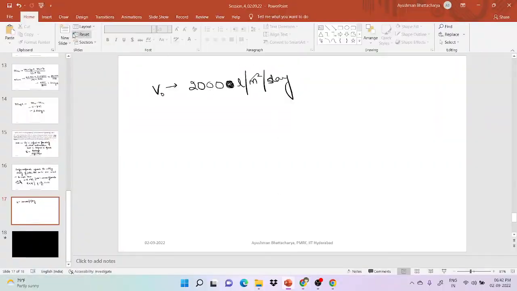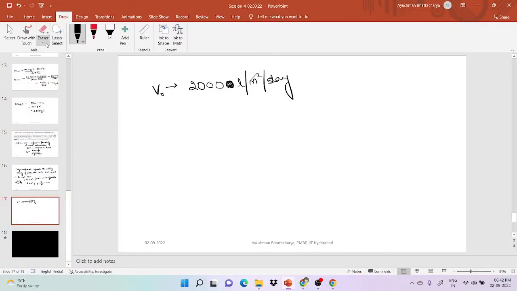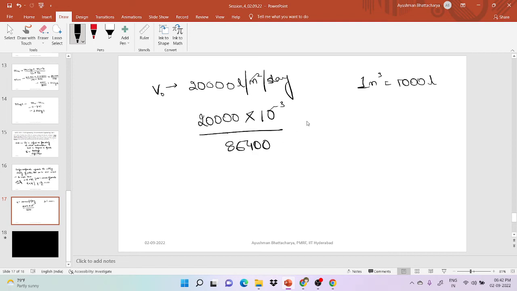So it is 20,000 liters per day per meter square. If we convert V naught into meter per second, it is 20,000 into 10 raised to minus 3, since 1 meter cube equals 1000 liters. So it will be 20,000 meter cube divided by 86,400, so it will come out in the form of meter per second.